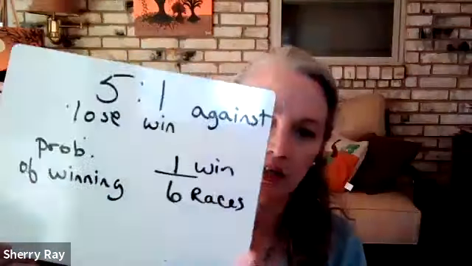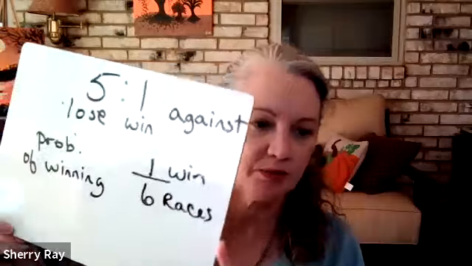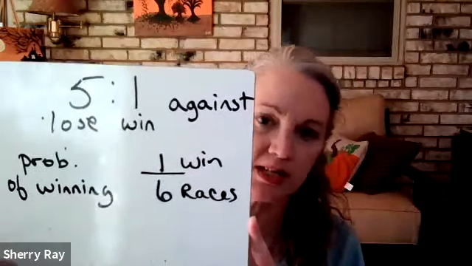Usually when we see probabilities, we say them as percentages. So if we were to calculate these two probabilities, we had the 14-to-1 odds with a probability of 1/15, and then we have the 5-to-1 odds with a probability of 1/6.